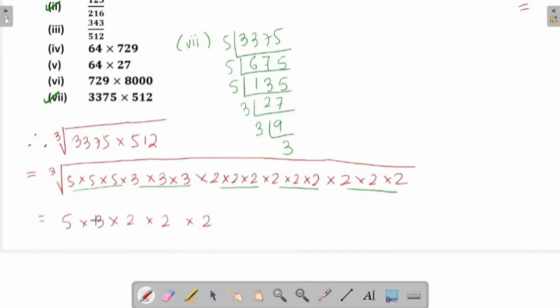Now our job is to multiply them, isn't it? When you multiply them, I'm sure you are going to get 120. So the cube root of this particular quantity is 120. You may pause the video and note down your solution.